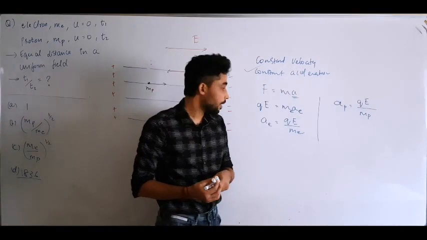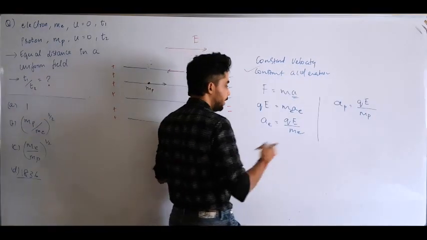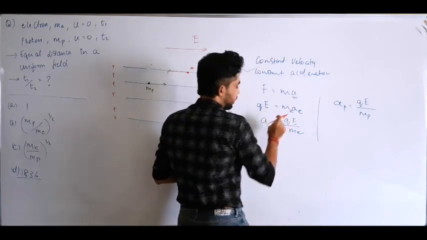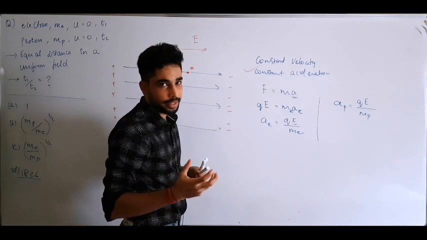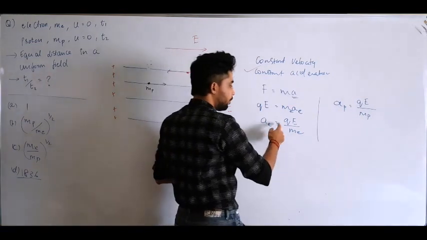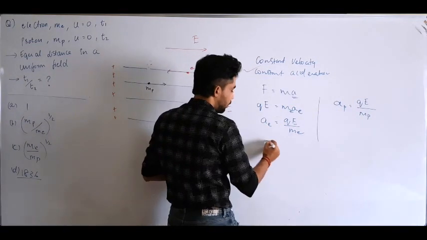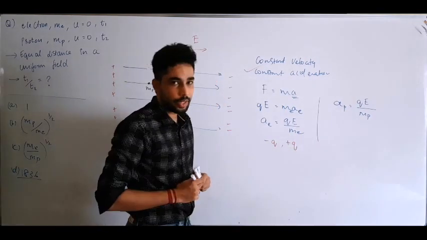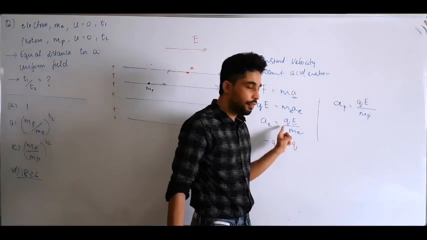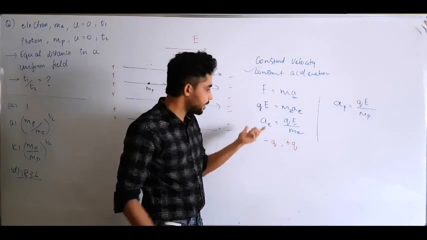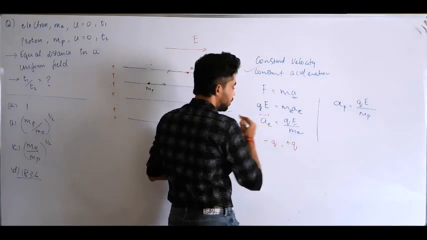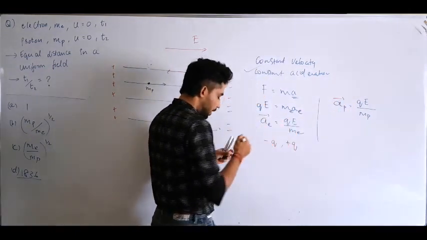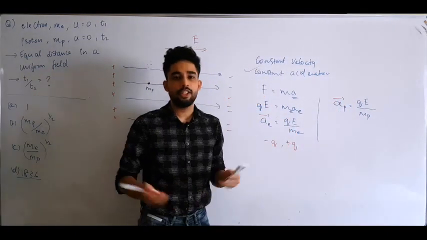Now if you have a confusion that the electron charge is negative and I'm not taking any negative sign, it doesn't matter. Why? Because the charge of the electron is negative q and the charge of the proton is plus q, and these are scalar quantities. But acceleration is a vector, so if I put a negative here, it just means that it is in the opposite direction.